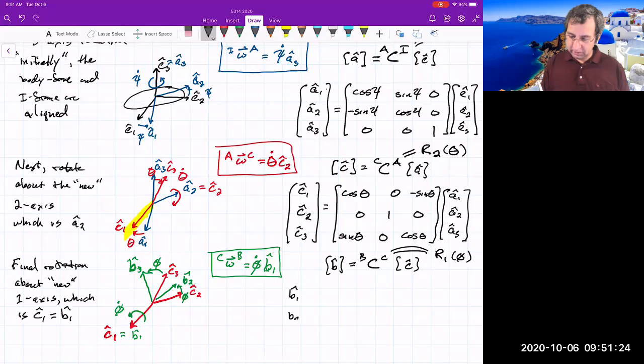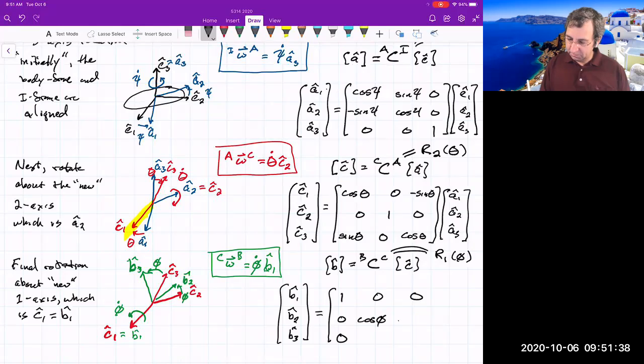So now writing all of that, B1, B2, B3 equals, the number 1 direction stays the same. And then this is cosine phi, negative sine phi, sine phi, cosine phi. Or no, that's opposite.